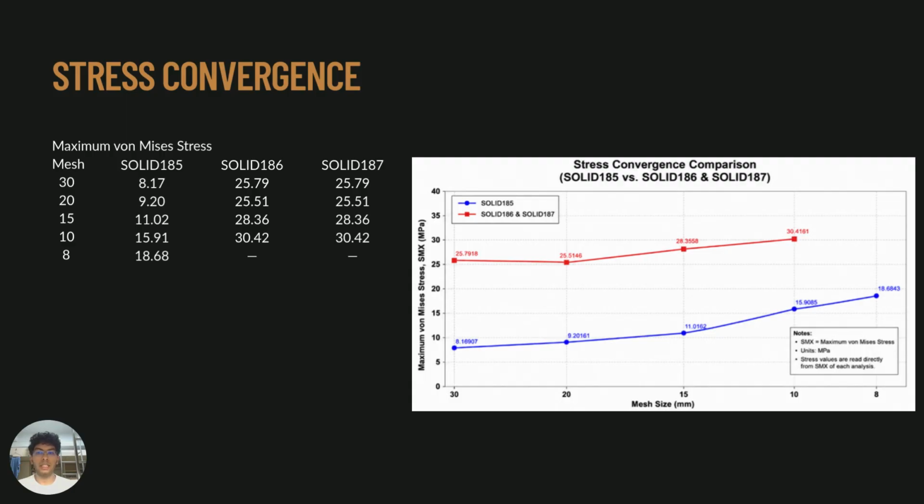SOLID186 and SOLID187 produced higher stress values, reaching approximately 30 MPa at the finest mesh. Although complete stress convergence was not achieved, the stress distribution consistently identified the same critical regions within the structure. Therefore, displacement was selected as the primary convergence criterion.